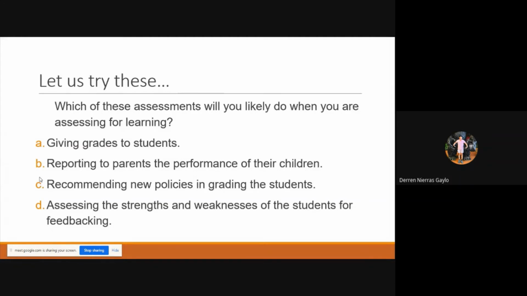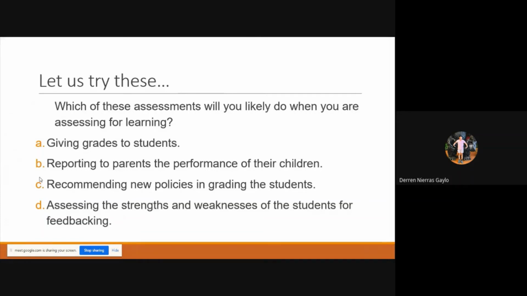So which of these are you going to do? It's letter D, assessing the strengths and weaknesses of students for feedbacking. Take note, if you have feedbacking, that's formative. Therefore, assessing for learning is assessing the strengths and weaknesses of students for feedbacking.